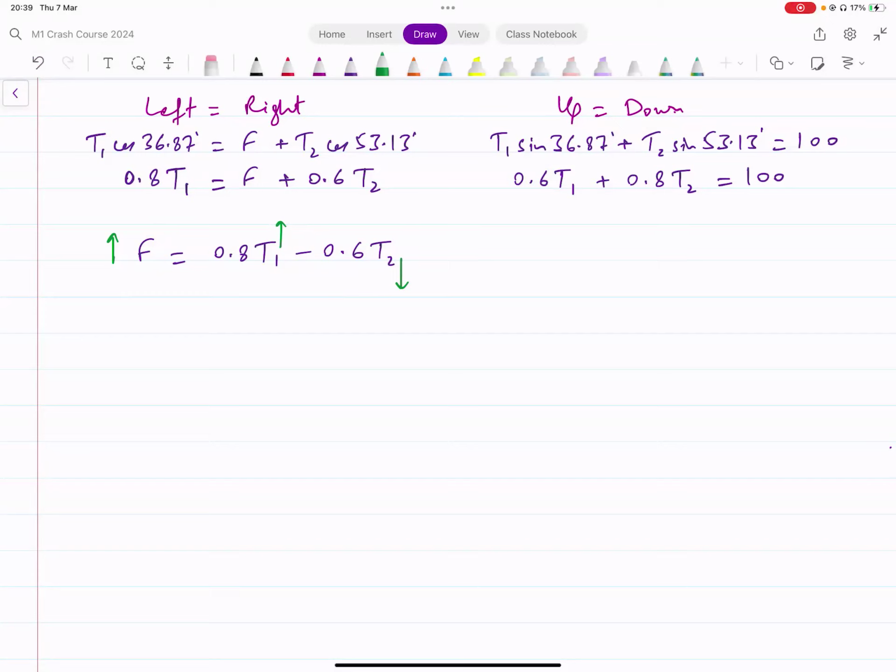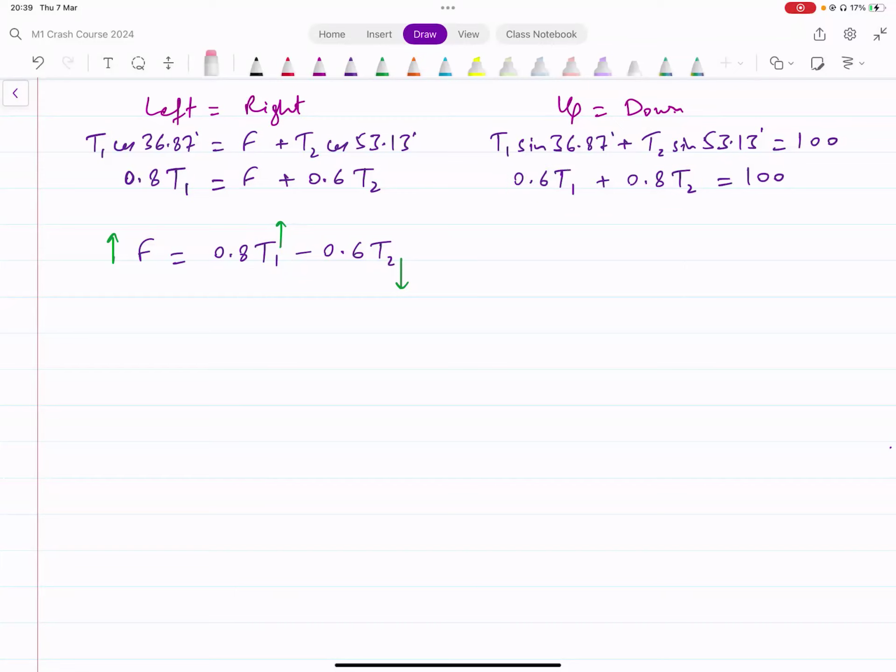Now, how do we maximize T1? Can we give it some large value? But what large value? There's also a limit to T1, and that is that the sum of 0.6 T1 and 0.8 T2 has to equal 100.